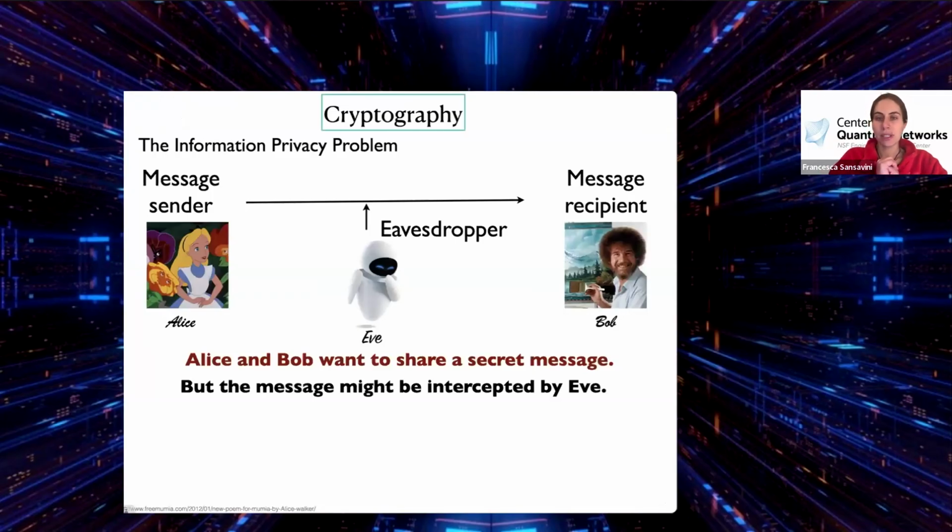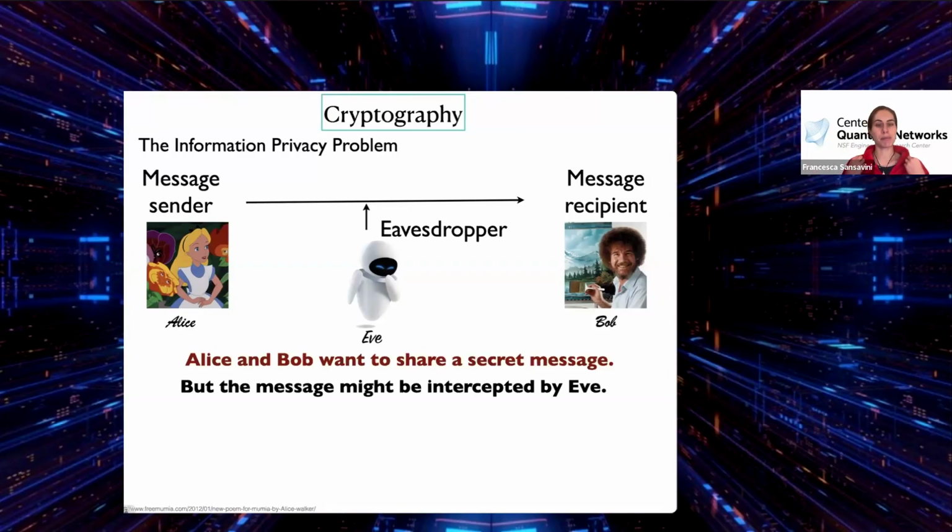Okay, the first subject is quantum key distribution. So we talk about quantum cryptography, and as we did many times during this short course, we start from the classical side to then see how we can solve some problems that emerge on the classical side with quantum physics. Now, the problem of cryptography is the following.